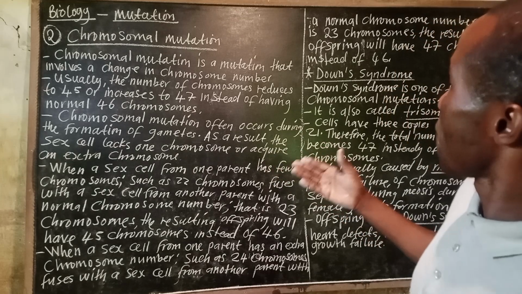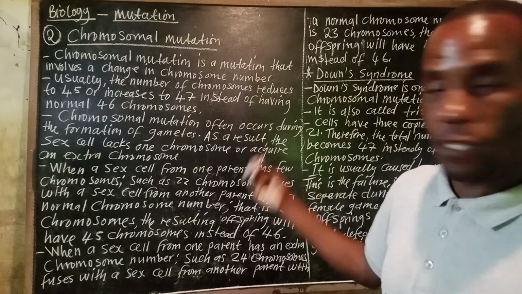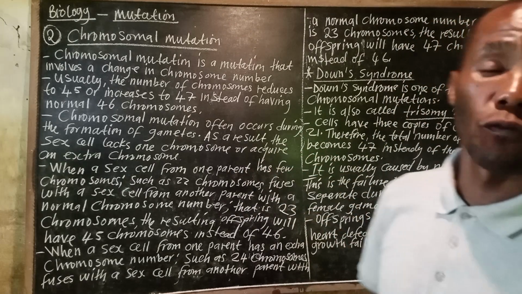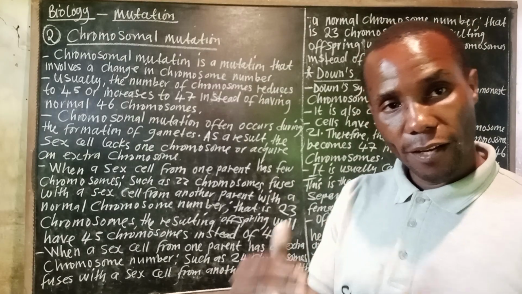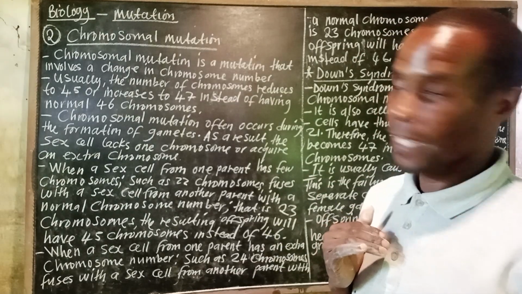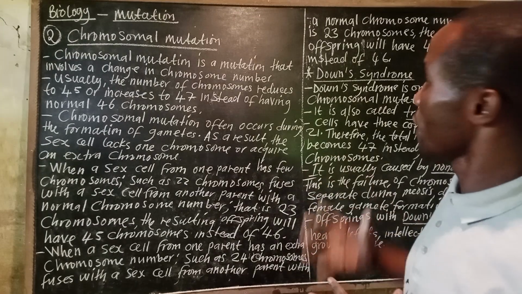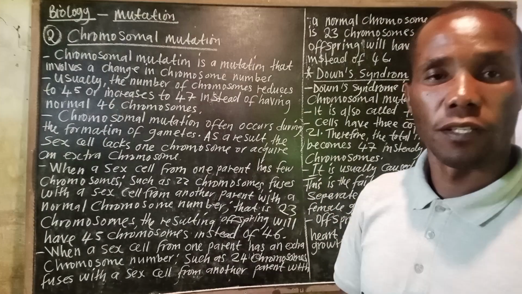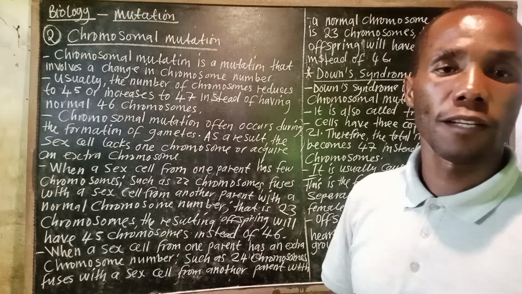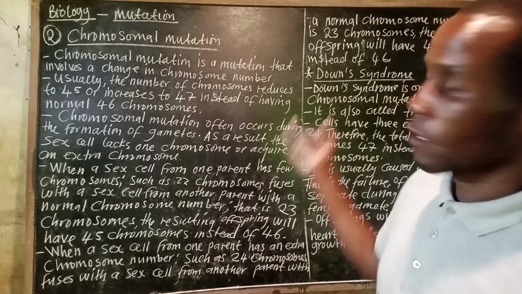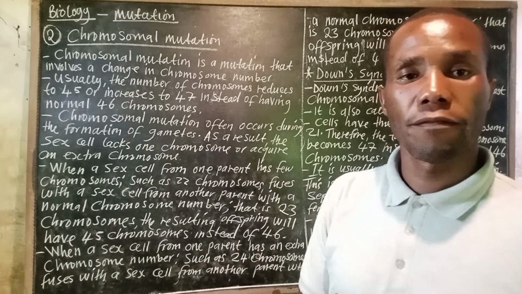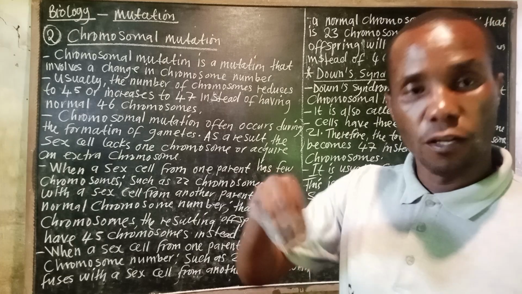Usually the number of chromosomes reduces to 45 or increases to 47, instead of the normal 46 chromosomes. So during this mutation, you would find that chromosomes are either 45 or 47, skipping the normal one, which is 46.